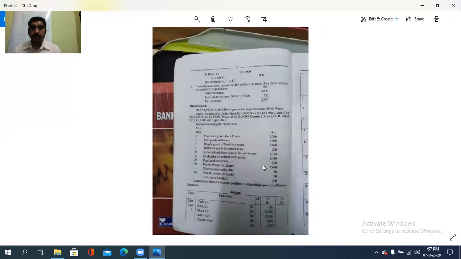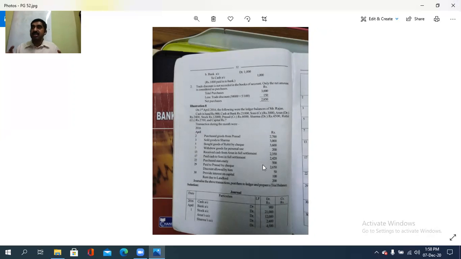Bought goods of Rohit by check. Purchased goods of Rohit by check. That is the same as what? Treated as a cash transaction. Check given, so that is the same as cash paid. Rohit is not in that entry because that is to be cleared by check.